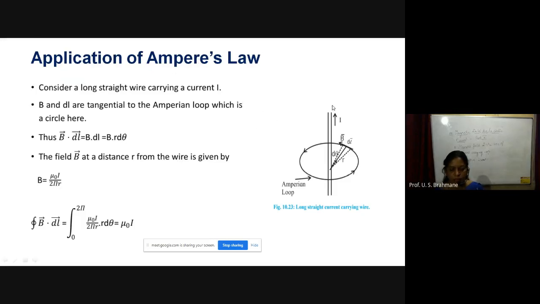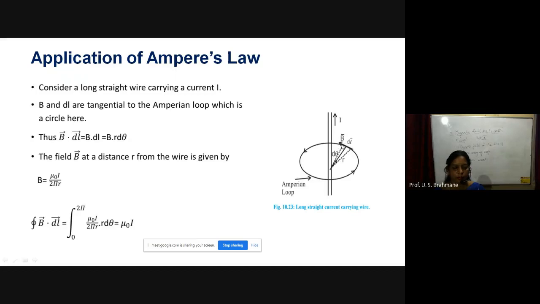Now see here, application of Ampere's law. Consider the same figure: a straight conductor carrying current I. Consider a long straight wire carrying a current I. B and dl are tangential to the Amperean loop, which is a circle, so they are in the same direction.